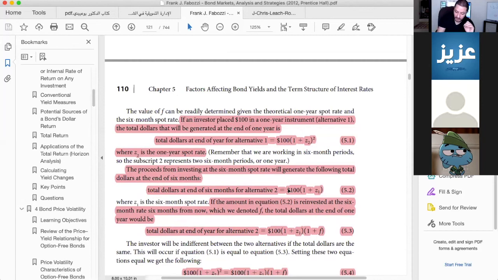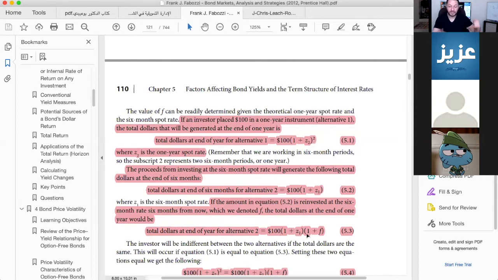If the amount in equation 5.2 is reinvested at the 6 month rate, 6 months from now, which we denoted F, the total dollars at the end of 1 year would be 100 times 1 plus Z1 times 1 plus F. So this first component will be received after 6 months.